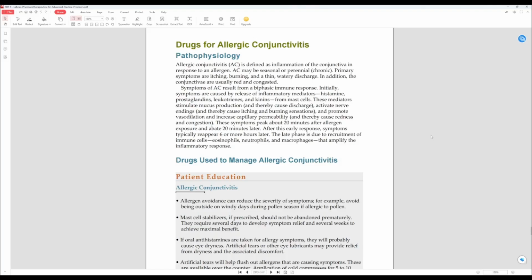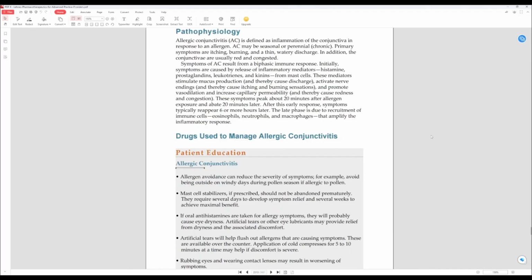Symptoms of AC result from a biphasic immune response. Initially, symptoms are caused by release of inflammatory mediators, histamine, prostaglandins, leukotrienes, and kinins from mast cells. The mediators stimulate mucus production, activate nerve endings, and promote vasodilation and increase capillary permeability.